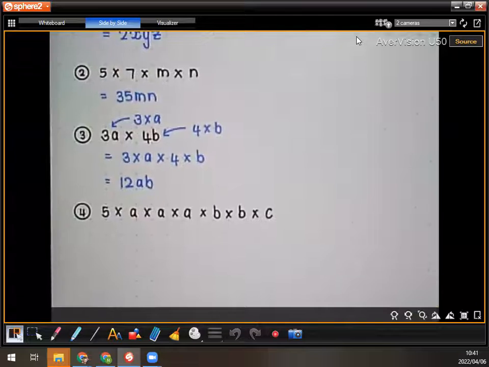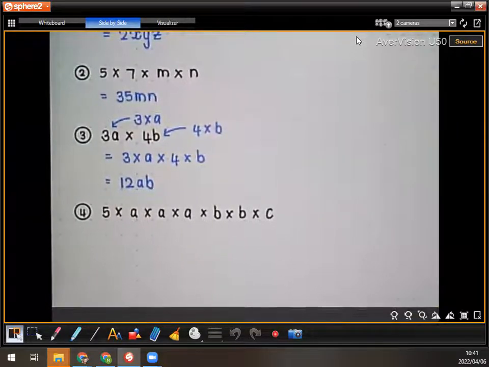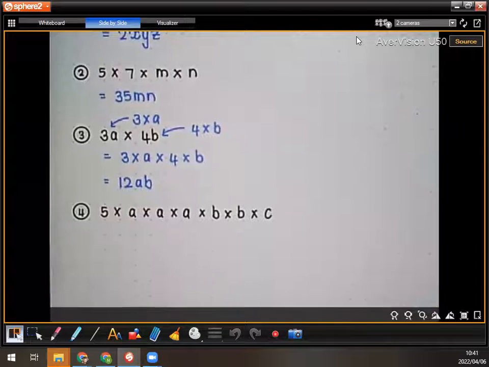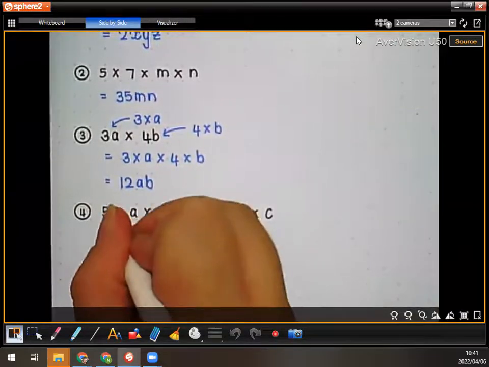Just make sure there are 3 a's and then 2 b's and 1 c. And a 5, obviously. And guys, is there any other number that I would multiply 5 by? No, it's just 5. Okay, so we agree that 5 is going to be in my answer.